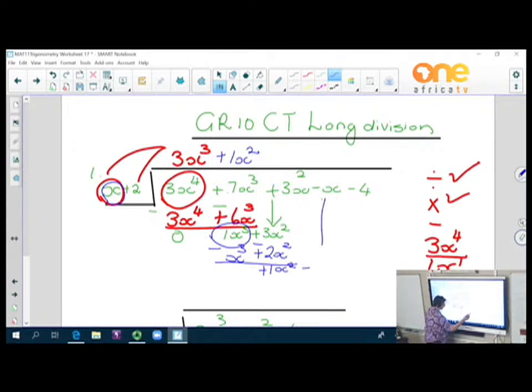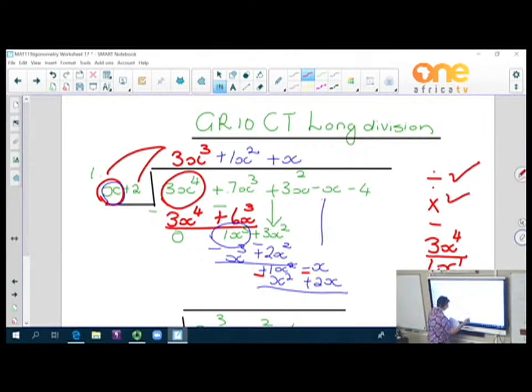the negative x. How many times will x divide into x squared? Plus x times. Multiply, then you have x squared plus 2x. Positive times a positive is a positive. So now we have to subtract, so we change the second signs. Look there.